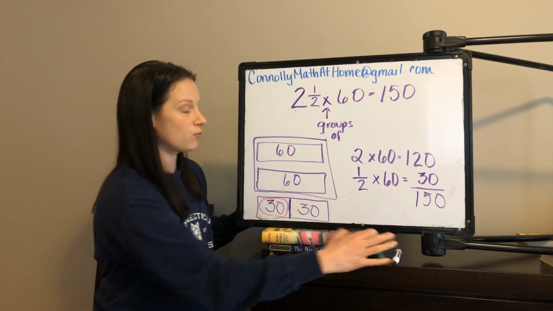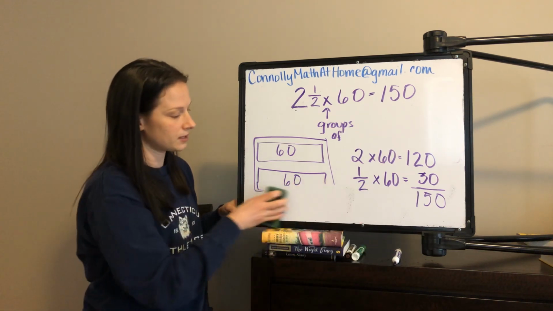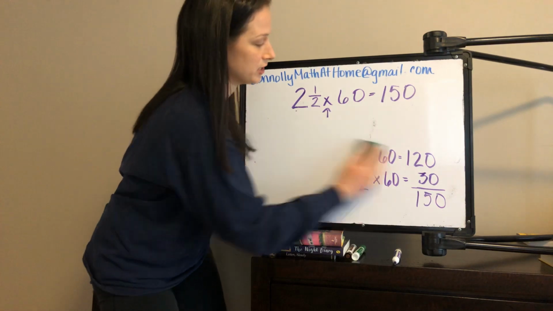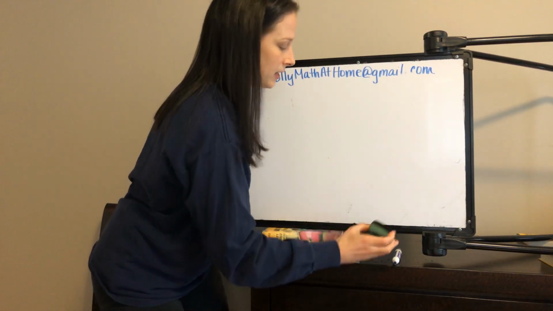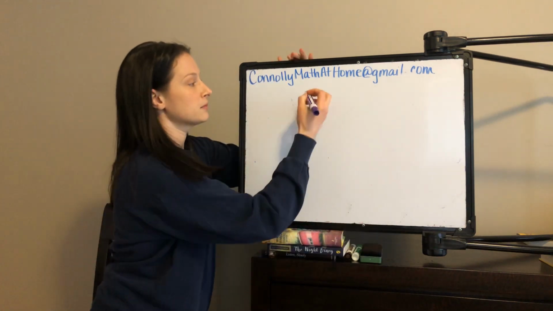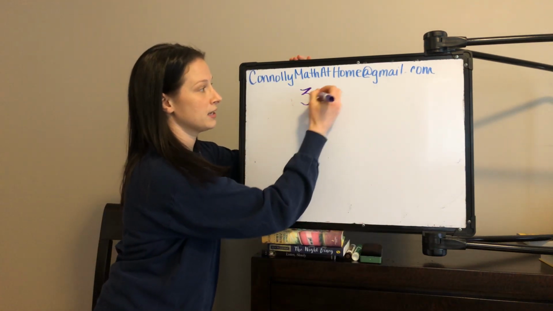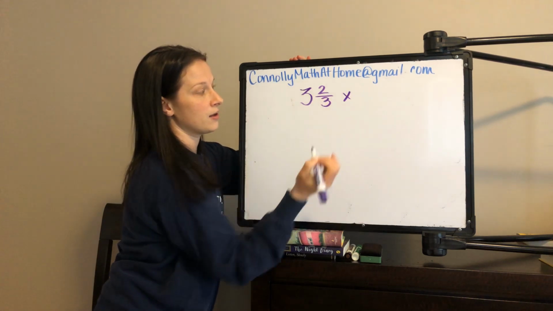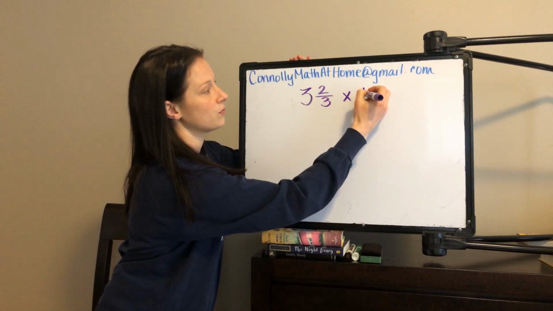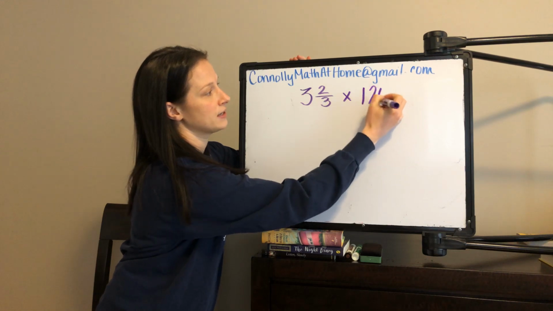Okay? So while I erase this board, I want you to be making some predictions. Okay? What is going to happen if we multiply, let's do 3 2/3 of 120?